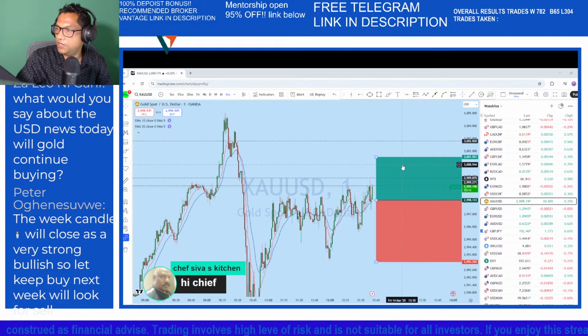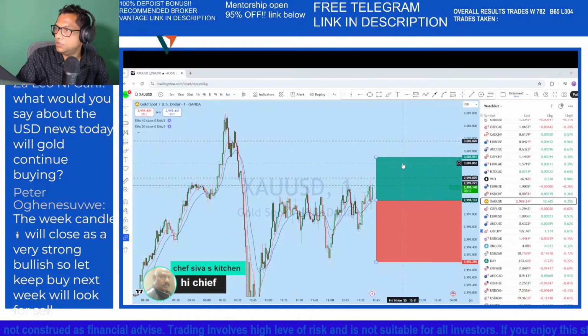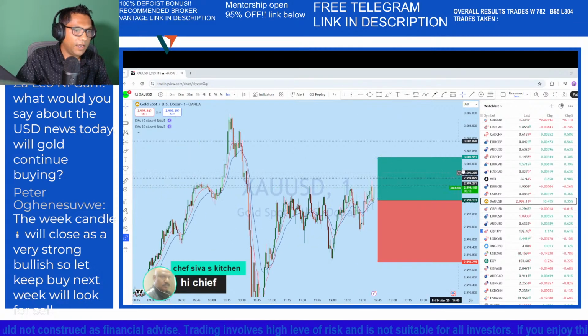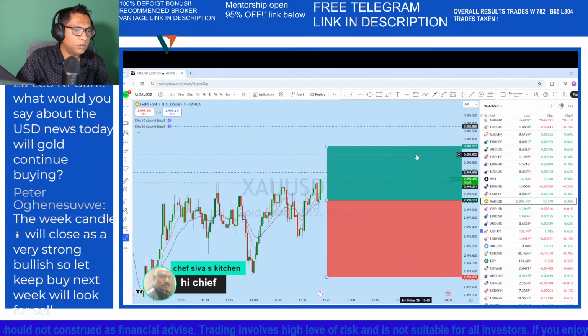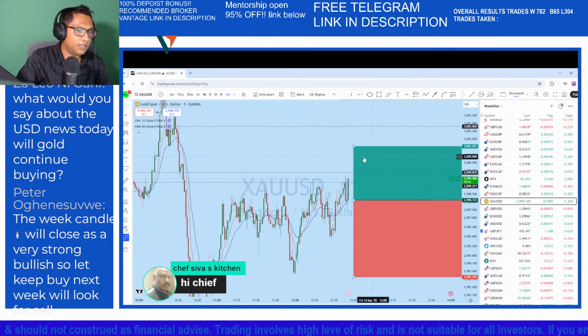There is a bounce from that level, and with that bounce we can expect it to potentially go ahead and create a new higher high.